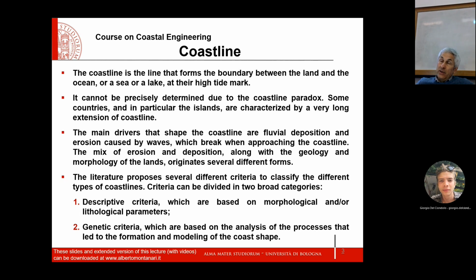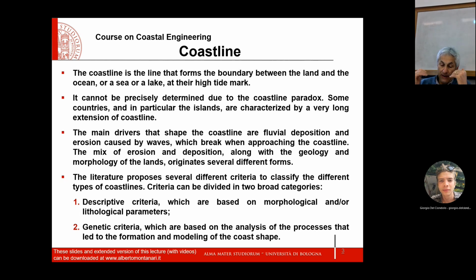evolution, which is driven by fluvial sediment transport. Fluvial sediment transport brings sediment to the sea, and erosion is caused by waves. There are these two drivers that are competing.